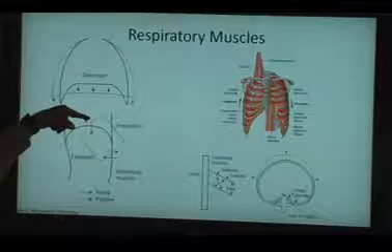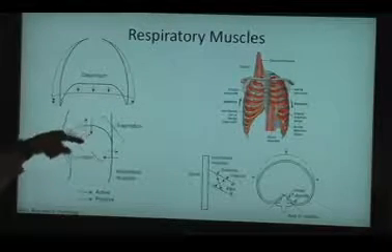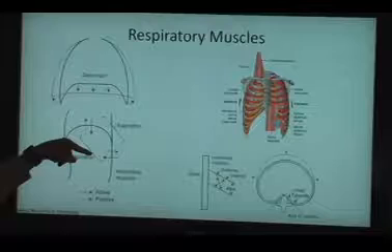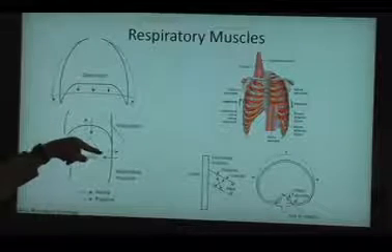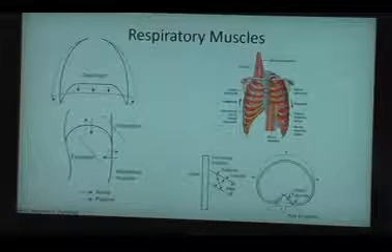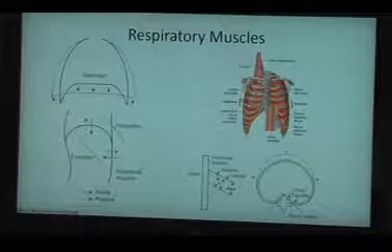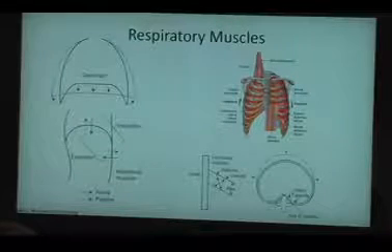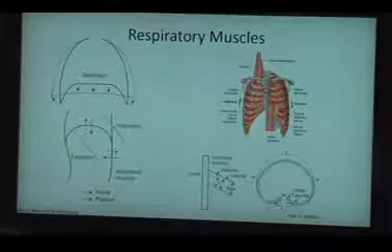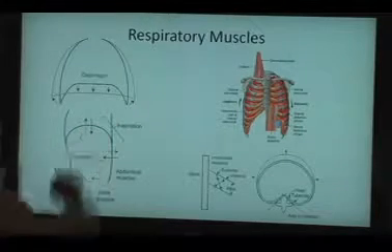As the diaphragm contracts downward, it also increases the intra-abdominal pressure, and it pushes the abdomen outward. So with normal breathing, the chest should go out. That's the action of the chest wall muscles and the diaphragm.